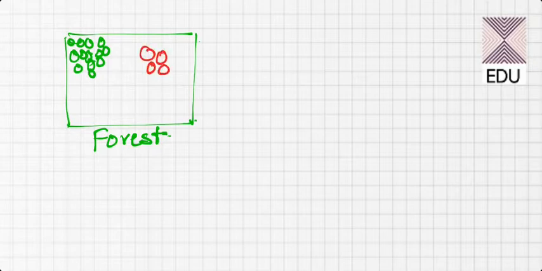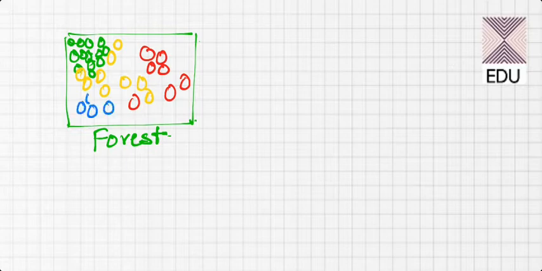These are the animals of species A. Then we have some animals of species B, which are also interacting with the plants. And we have species C. So they are in full interaction in this particular forest.